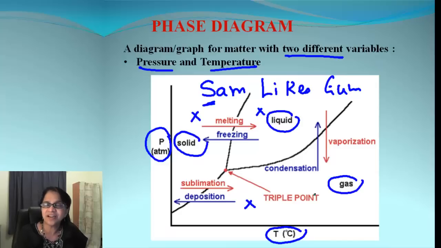Then depending upon the conditions, we can figure out if it is going to go from solid to liquid or liquid to solid, or all the changes, and we can find out if one of those phase changes is occurring there. There is one more important thing. There is this point where all three curved lines meet, and that is called the triple point. So let's find out what the triple point stands for.